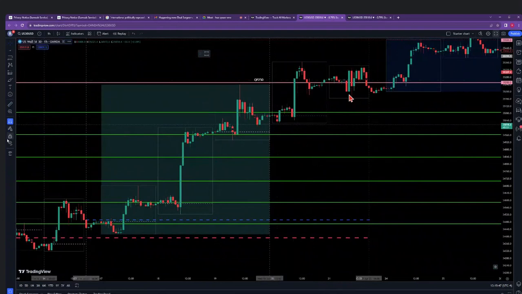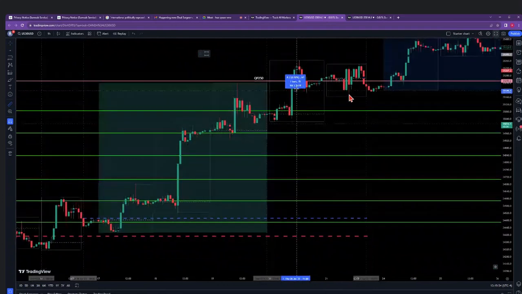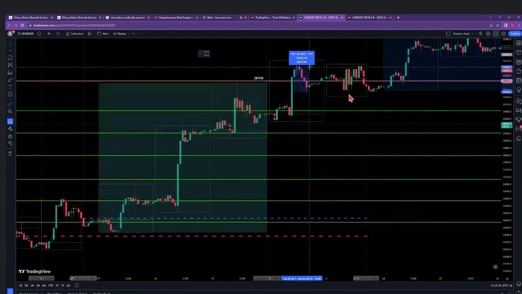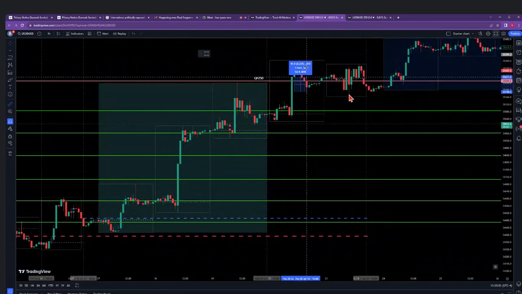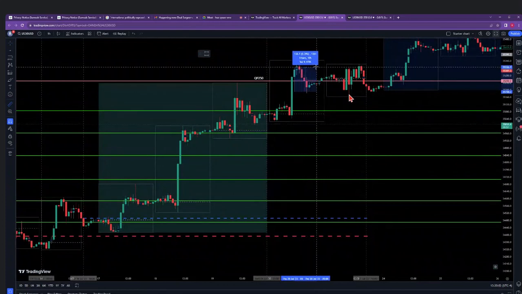Just pull it from the bottom of the wick to the top of the wick, and then you'll see that the body closed above 50%. It's all about 50%. It's all about percentages and numbers and math. So if you pull it to the right, you see price closed above the 50%.